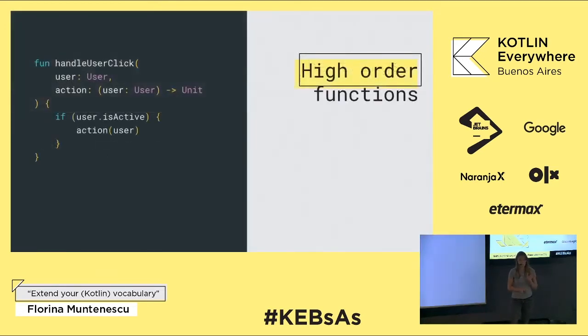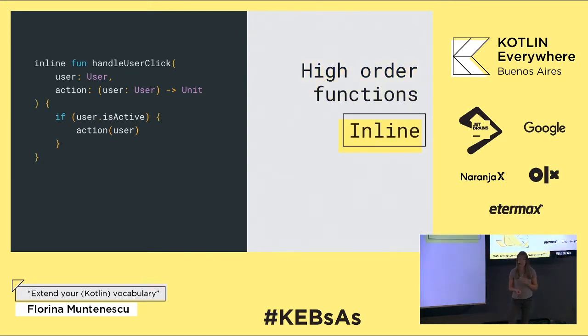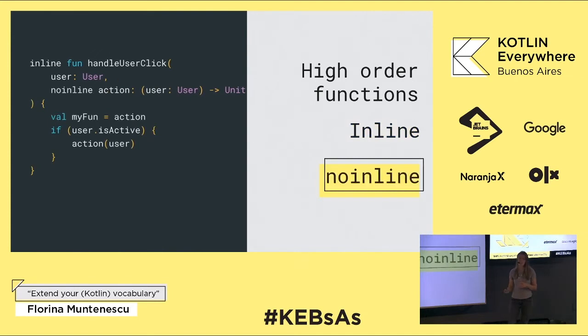Okay, so we said that functions that take other functions as parameters or return a function are called higher-order functions. And then we looked at inline and how it allows you to get rid of the extra function objects being created. And in the case where we want to store a reference to that function, we should use noinline.